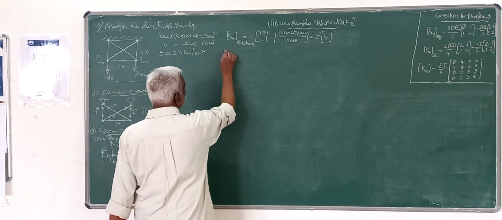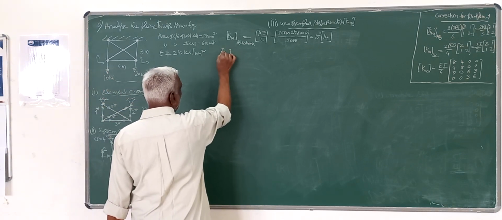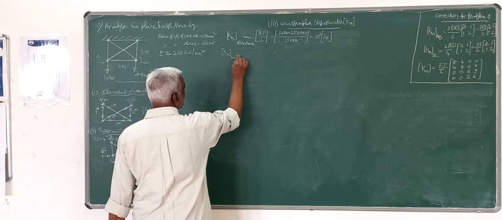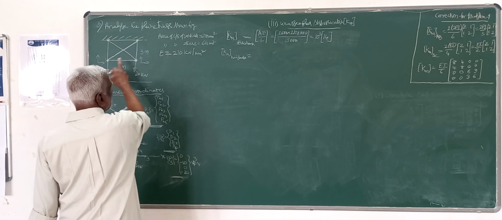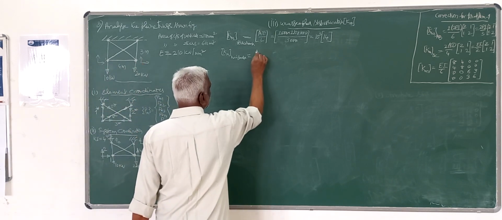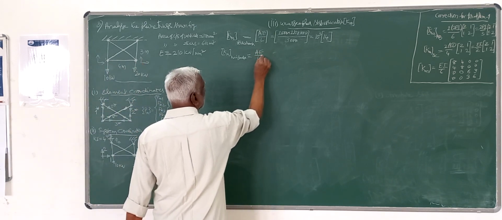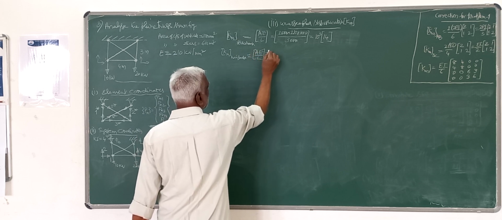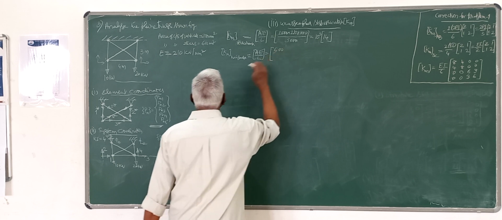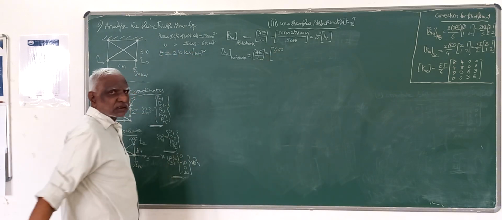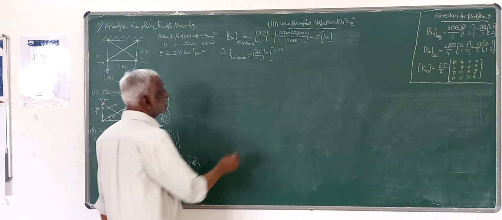Similarly, Km for horizontal member is given by AE by L again. So A for horizontal member is 600, because it is the area of cross section, for all other members they say it is 600.